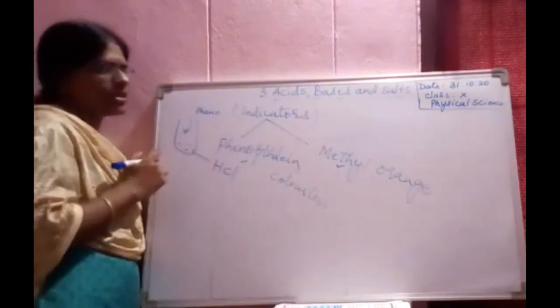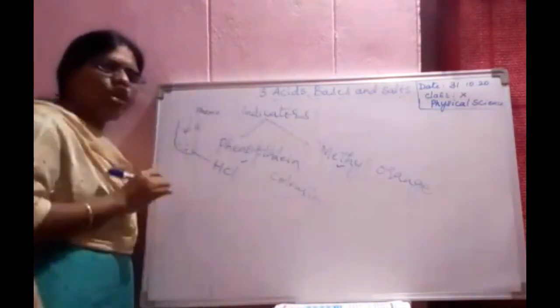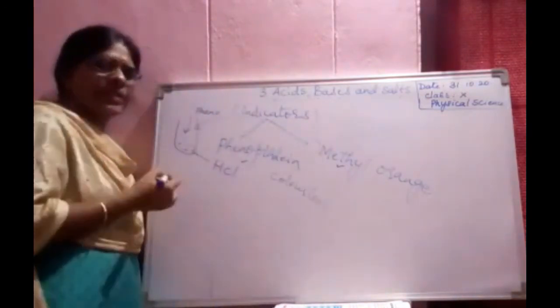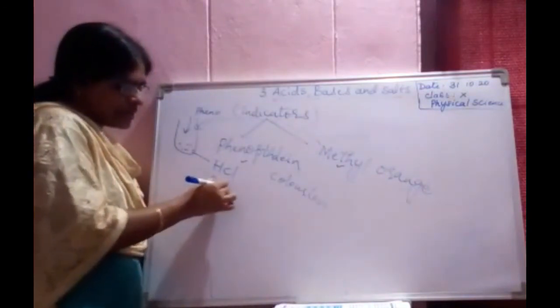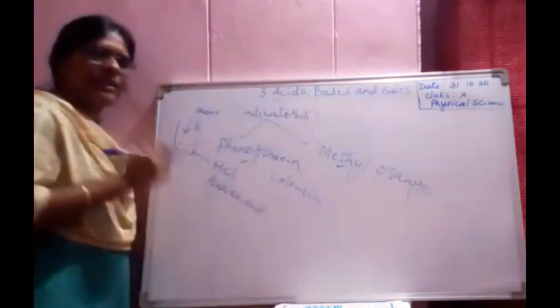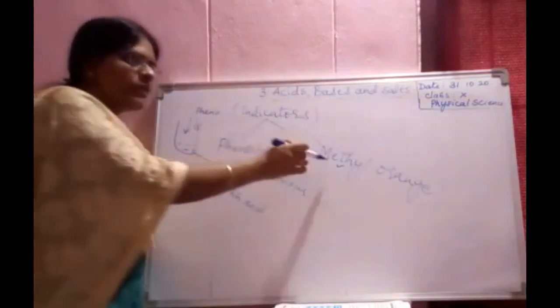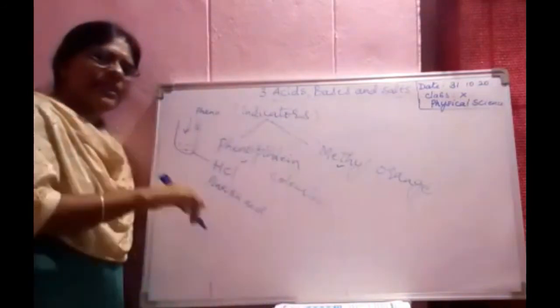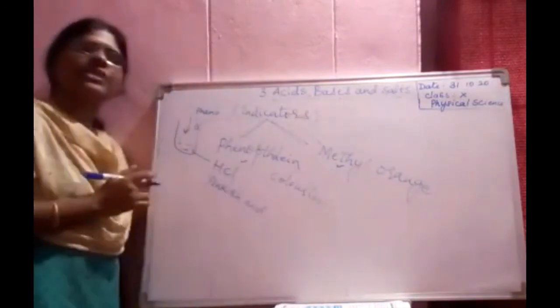Colorless solution. Next, another indicator is there. If I drop methyl orange, pinkish red color. Red color you will get, like a pinkish red. Okay? If I add methyl orange to HCl, I will get pinkish red color.